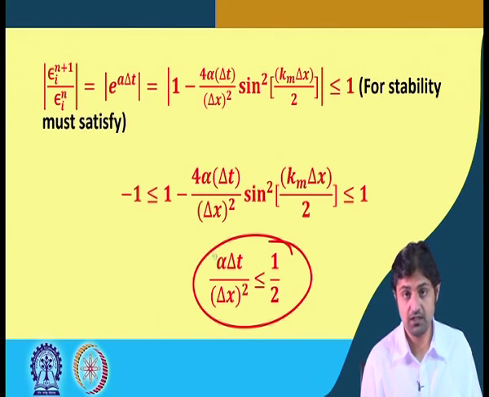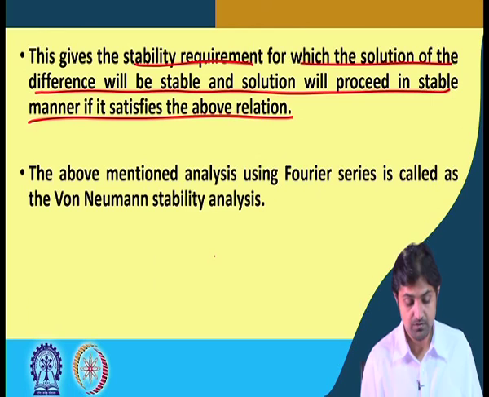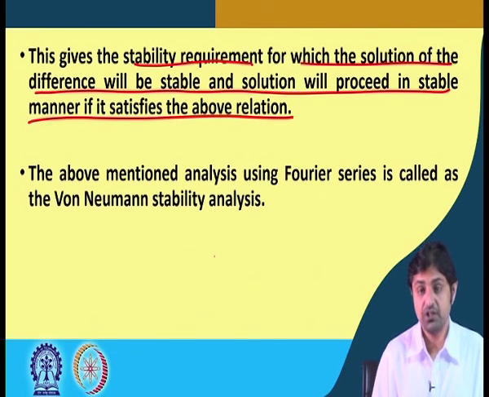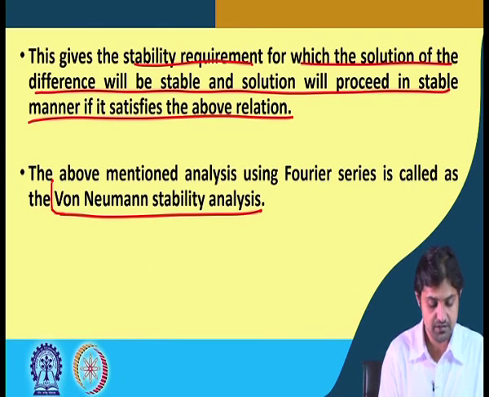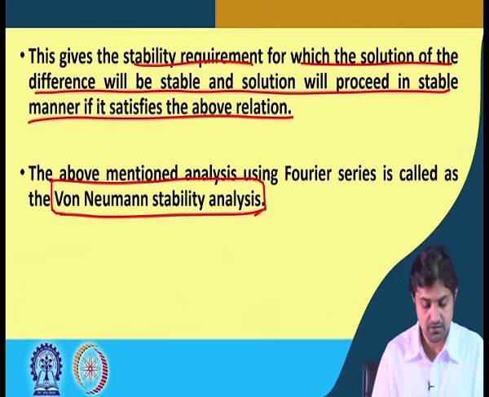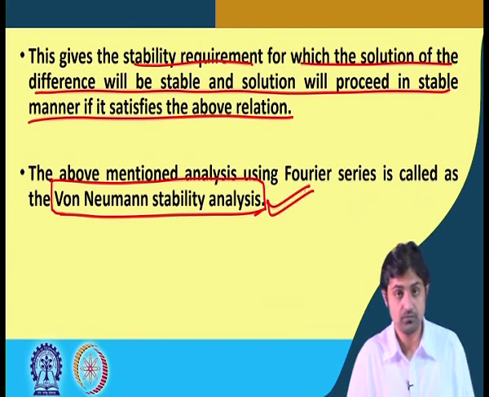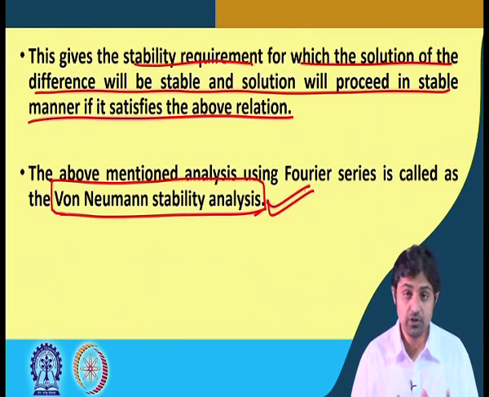That is the final solution. The above mentioned analysis using Fourier series is called von Neumann stability analysis. So you must in principle know what von Neumann stability analysis is.